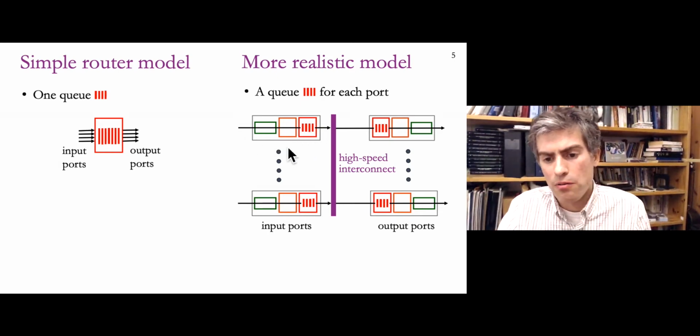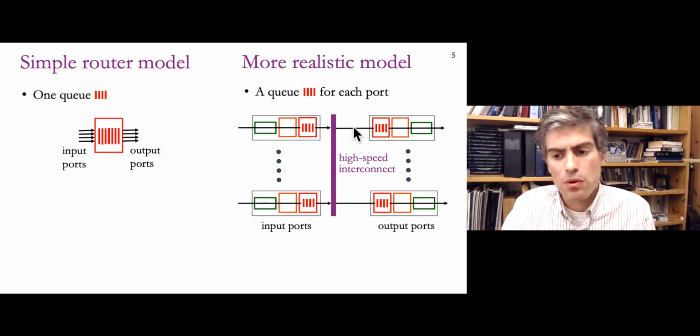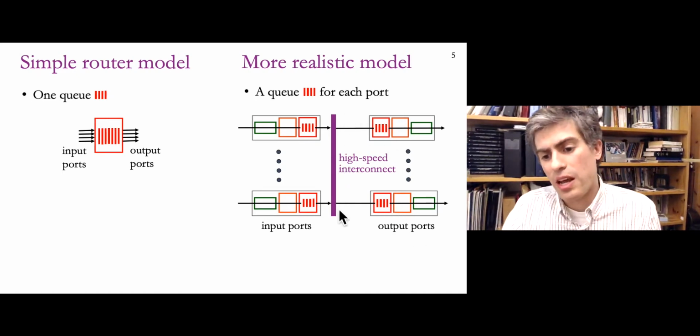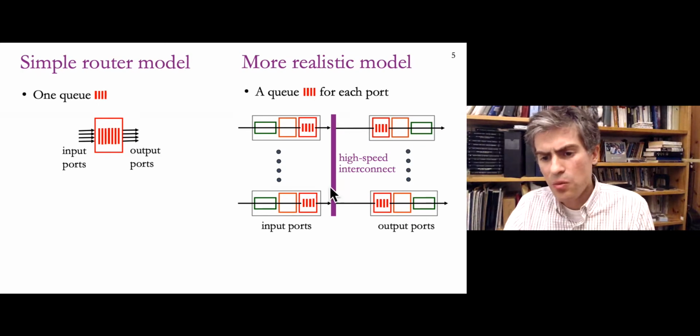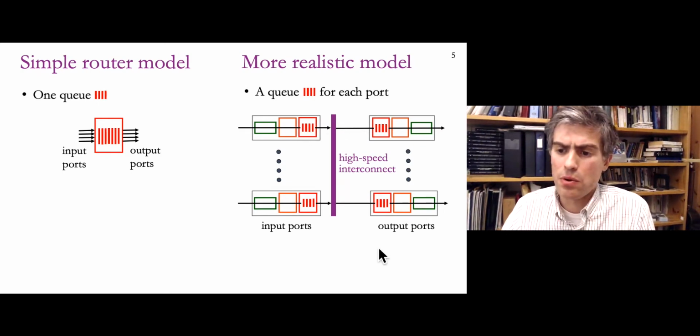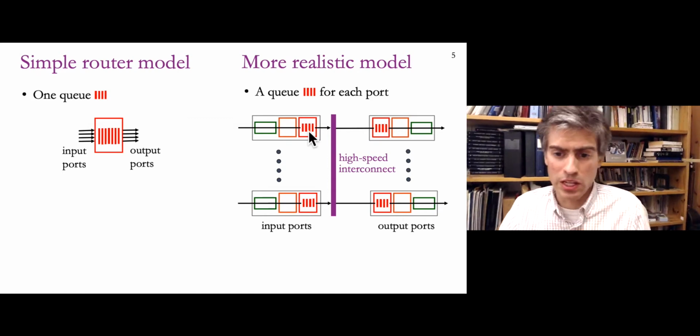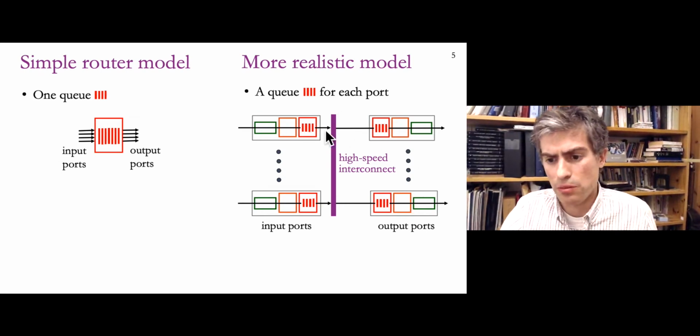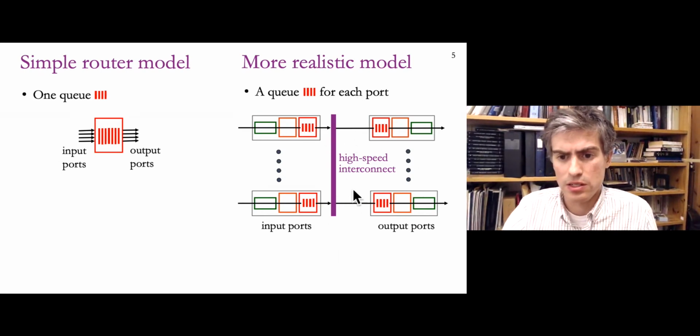Each input port has its own queue, and those input ports have to be connected to output ports. Those output ports also have their own queues, and there's some kind of interconnect, some way of connecting the input ports to the appropriate output ports, depending on what the forwarding rule tells us, so that we can send data that came in from one port out to any one of the other ports. And we'll talk a little bit about what this interconnect is in a second. We'll also talk about the details of these ports.